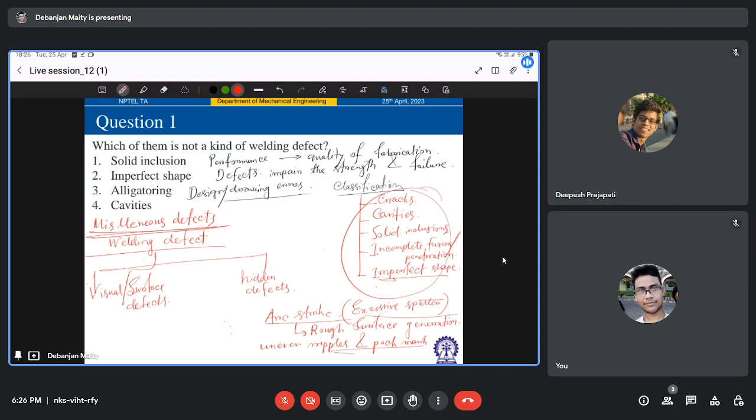So if you try to have the example of these visual or surface defects, in that category we'll have these surface cracks, right? Now then we have something called distortion also. Distortion or warpage which is created because of this surface crack.